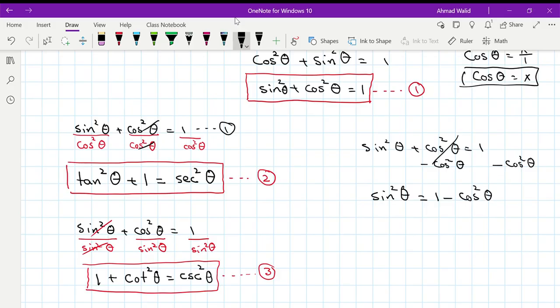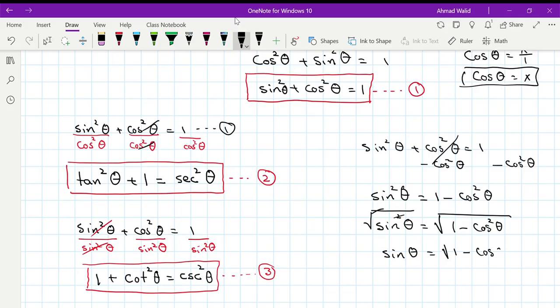If you want to find the sine here, you can write sine theta equals, take the square root from both sides. Let me show it for you. Take the square root from this side, take the square root from this side, correct? These two cancel out. Then you can say sine theta equals square root of 1 minus cosine squared theta.